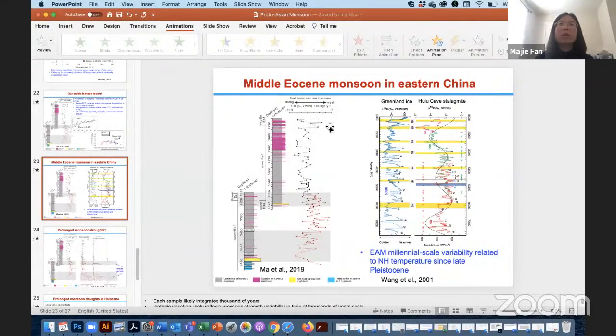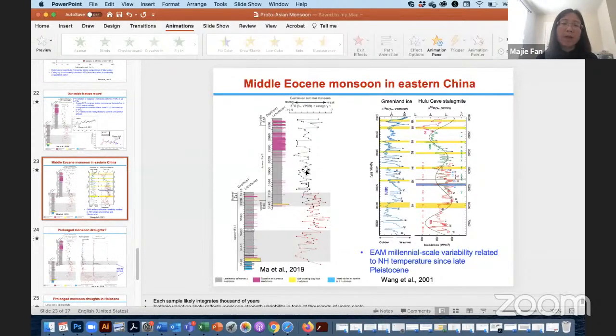Each sample potentially integrates several years, if for the laminated interval those are truly annual varves, because traditional analysis just requires a bit more material than you can simply drill from an annual varve.